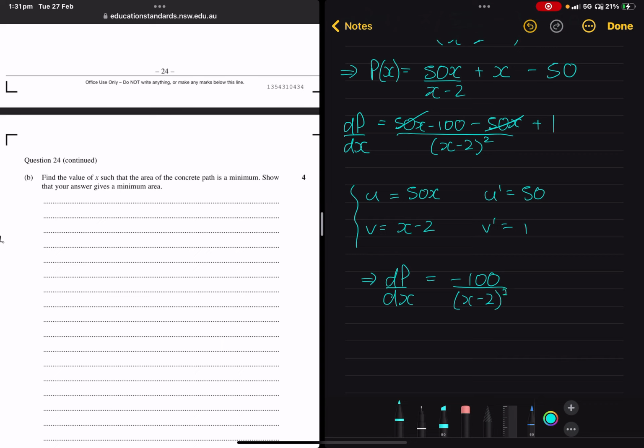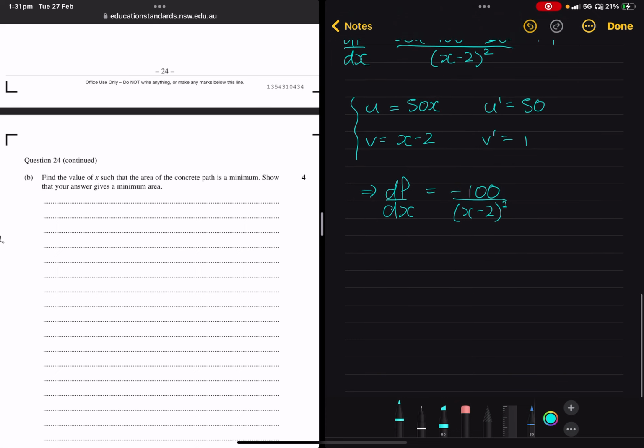Now the question does tell us to show that your answer gives a minimum. And that means we either need to check values around whatever solution we find, or we need to do the second derivative. I'm going to do the second derivative now, because I don't want to have to come back to it later. So we'll do this as another quotient rule. We have u and we have v. U is minus 100. V is x minus 2 squared. U prime is therefore 0. V prime is therefore 2 times x minus 2.